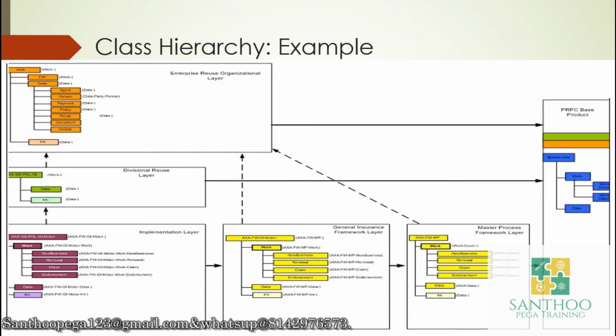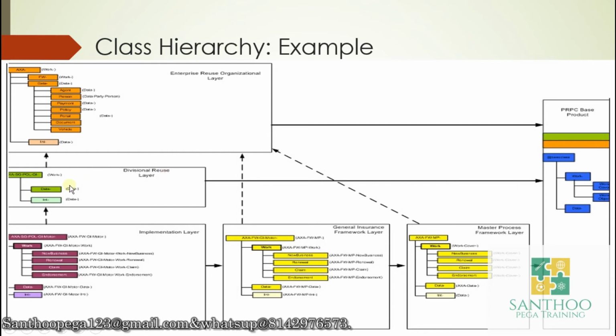This picture is lengthy, so we cannot look at all of it yet, but here we need to understand the base classes, the Pega base product. At the base there are work classes, work types and data types, and many other base classes. They are library files that can be reused in our application.